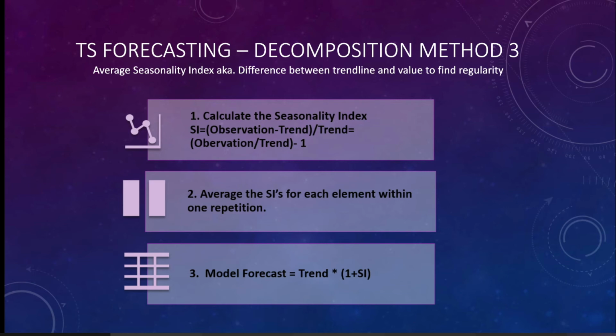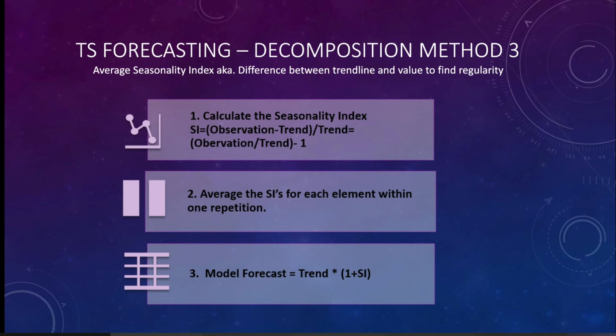Which is just a very basic percentage difference formula. And once you have your percentage, I'll say percentage moving away from the trend, you will then average those for each element within the repetition.